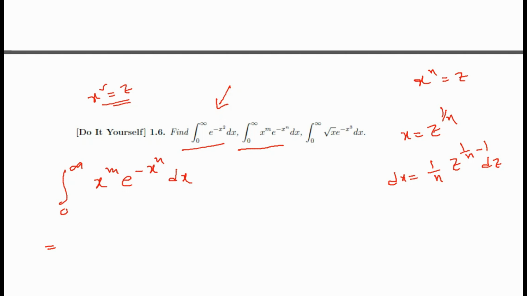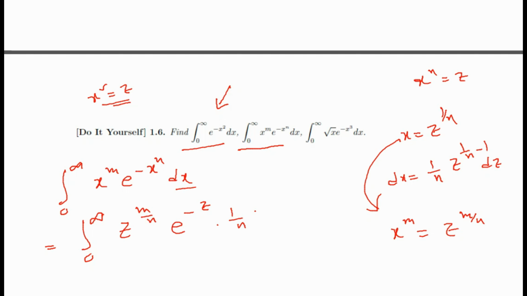And the limit will be for z also 0 to infinity, and what will be x power n to z power n by n. From here you can get x power n equal to z power n by n into e power minus z into 1 by n.